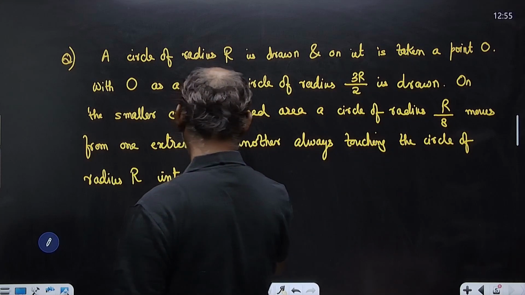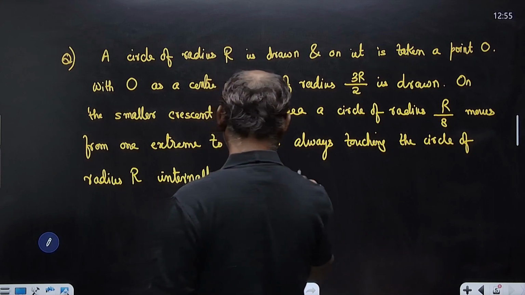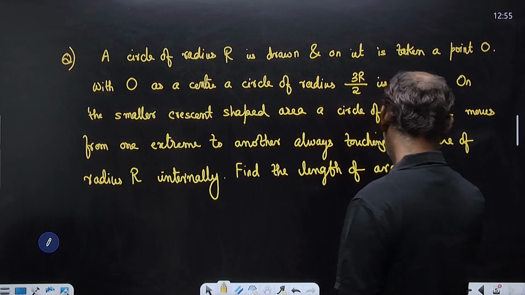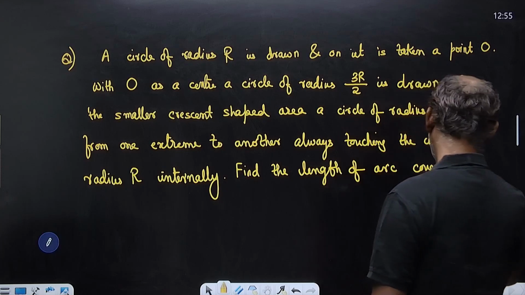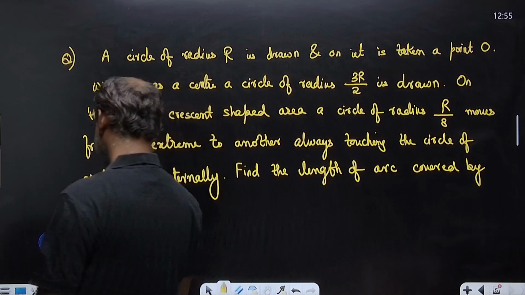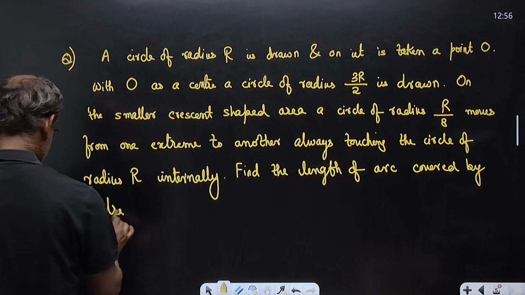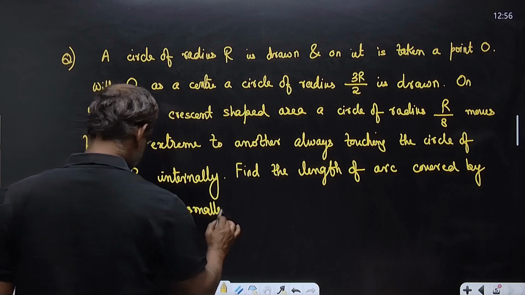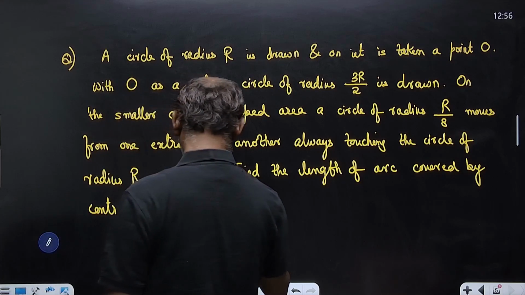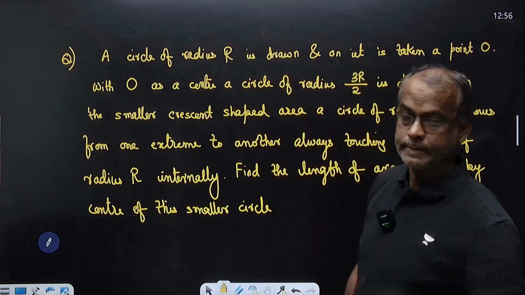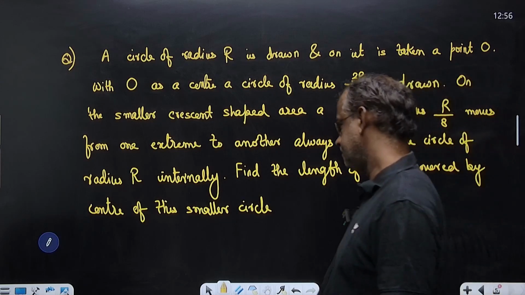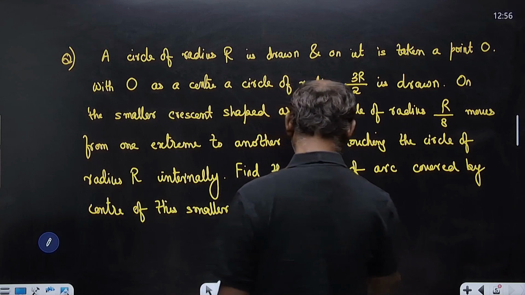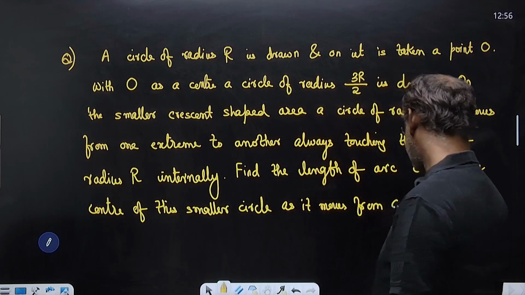Find the length of the arc covered by the center of this smaller circle as it moves from one extreme to another.